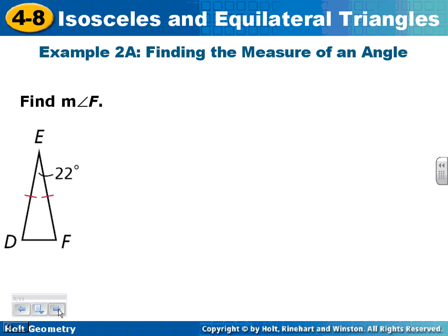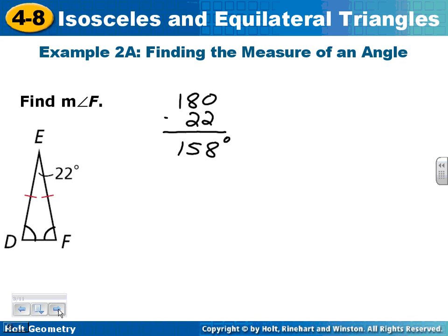Here's some problems. Find the measure of angle F. Well, we have this triangle, and my vertex angle is 22. Remember that angle D and F would be congruent, so I'll add arc marks in there. And remember the rule of 180? All three angles add up to 180. So if I subtract that top angle of 22, that would give me 158 degrees left over.